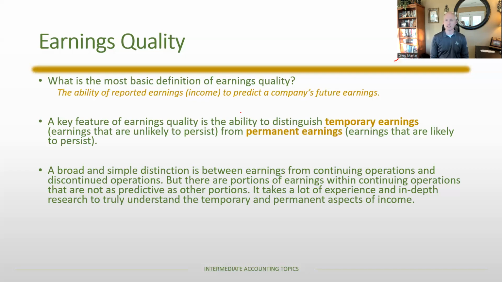Whereas continuing operations, at least in part, have a permanent component. But you should be aware that even within continuing operations, there are certain items that are less persistent, so they are more temporary than others.